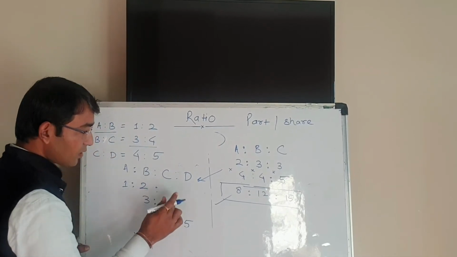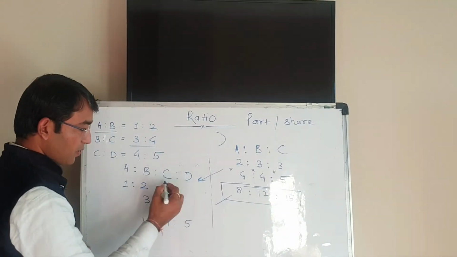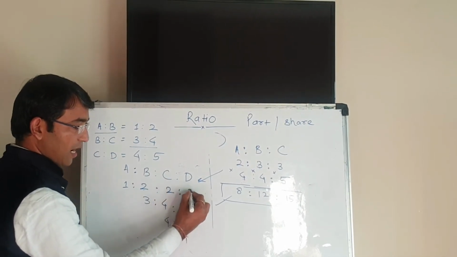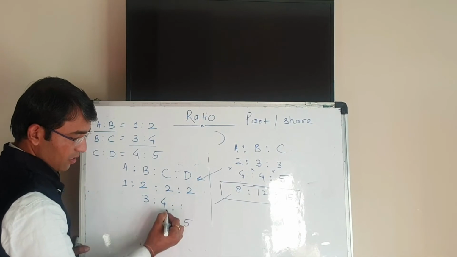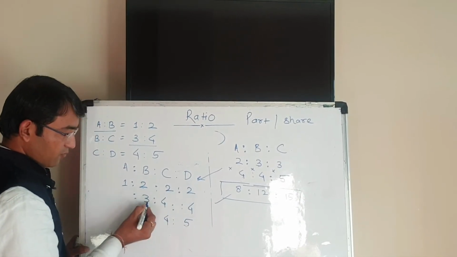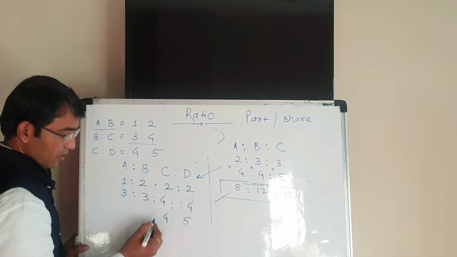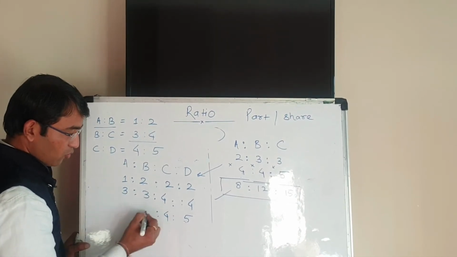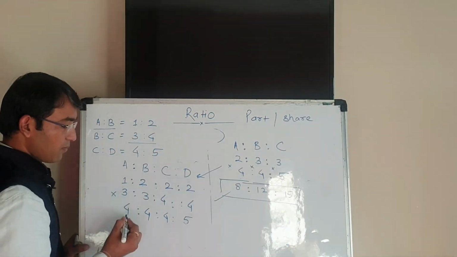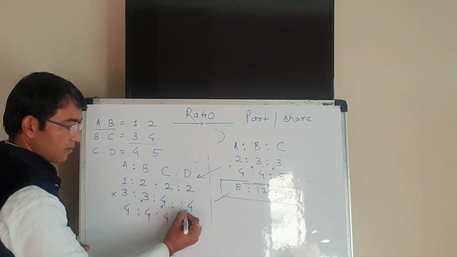Now this is the empty place, this is the empty place, so we look at the neighbor. The neighbor's value is 2, write 2 here, write 2 here. Here the neighbor is 4, so write 4 here. Here the neighbor is 3, so put 3 here. The neighbor value is 4, so put 4 here. Now simply multiply this.